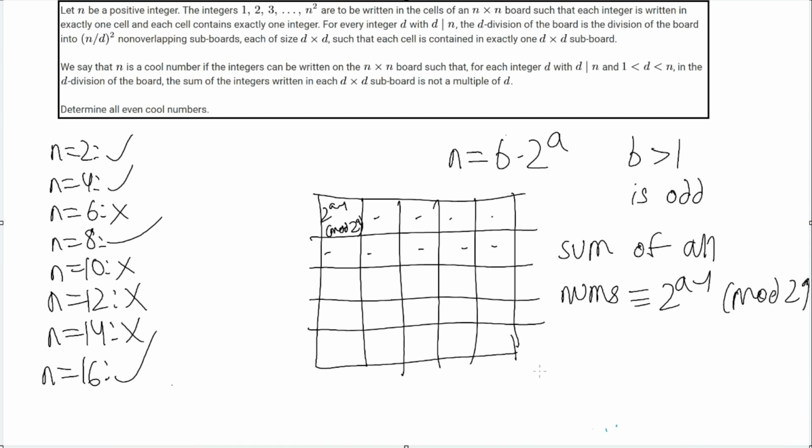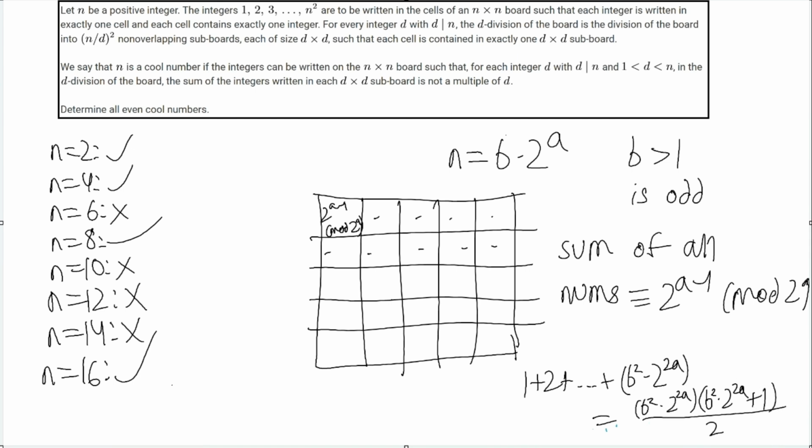But then we have 1 plus 2 plus all the way to plus b squared times 2 to the 2a, which is just n squared, is equal to this times that plus 1. So b squared times 2 to the 2a times b squared times 2 to the 2a plus 1 all over 2. Then that means that we have a factor of 2 to the 2a minus 1. But then that means that it's 0 modulo 2 to the a, and that's bad.